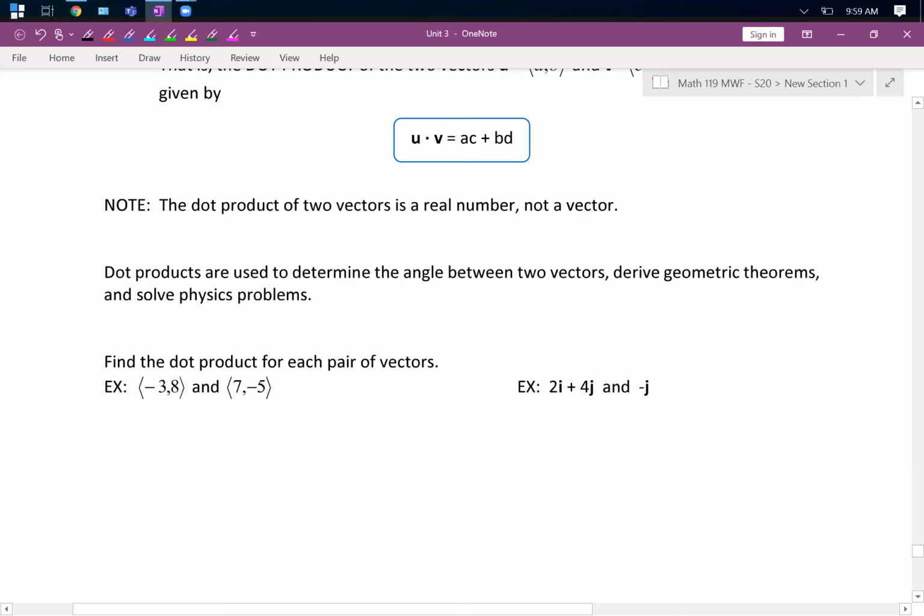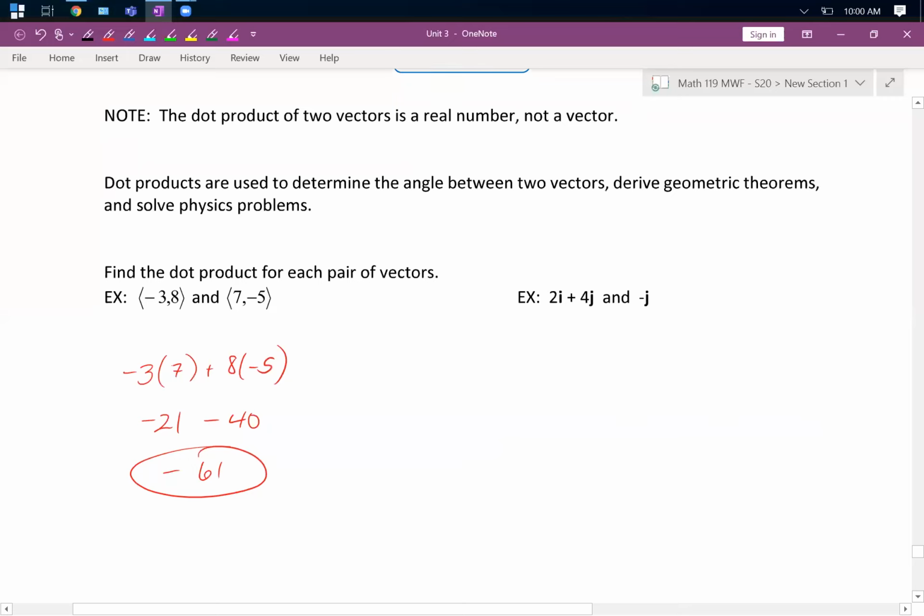So let's start by just practicing finding the dot product. It's going to be -3 times 7 plus 8 times -5. -61. Anytime I'm given a vector in this ai plus bj form, the first thing I like to do is just get it out.